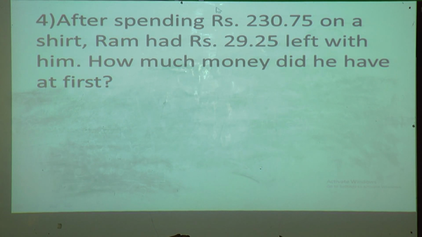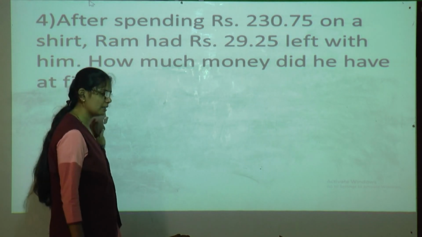See here, what is the question? After spending rupees 230.75 on a shirt, Ram had 29.25 left with him. How much money did he have at first? Means initially how much money did he have?